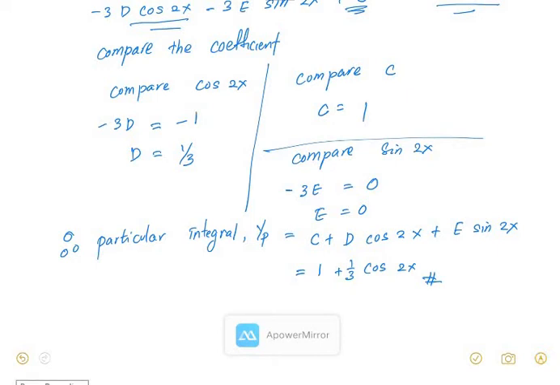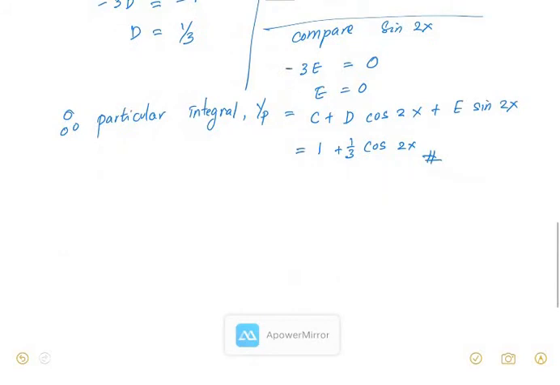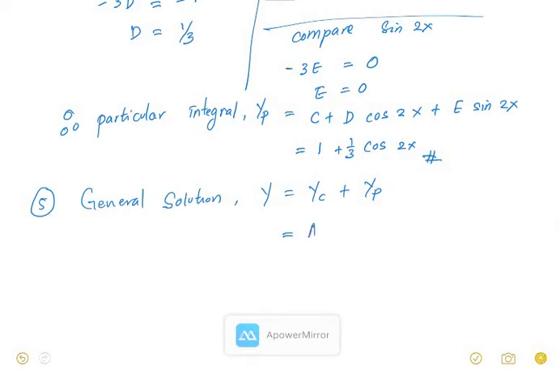Do you get it now? Okay, after you find the yc and you find the yp, now you come to the general solution. Step number 5 is the general solution. y equal to yc plus yp, where the yc is A cos x plus B sin x.